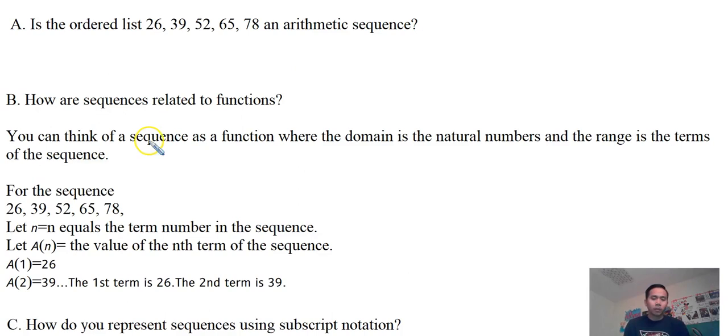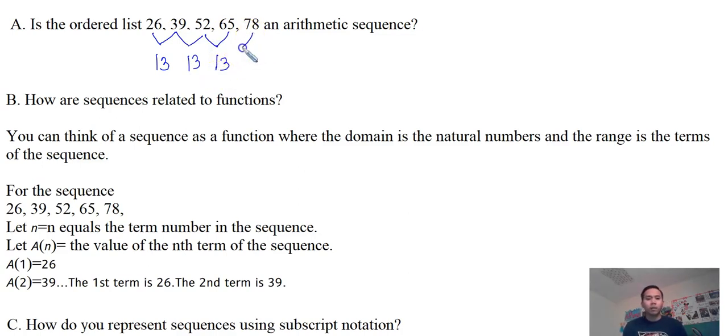If I subtract 39 minus 26, that will give us 13. And the same with 52 minus 39, which is also 13. You have 65 and 52, you subtract that, it will give you also 13.